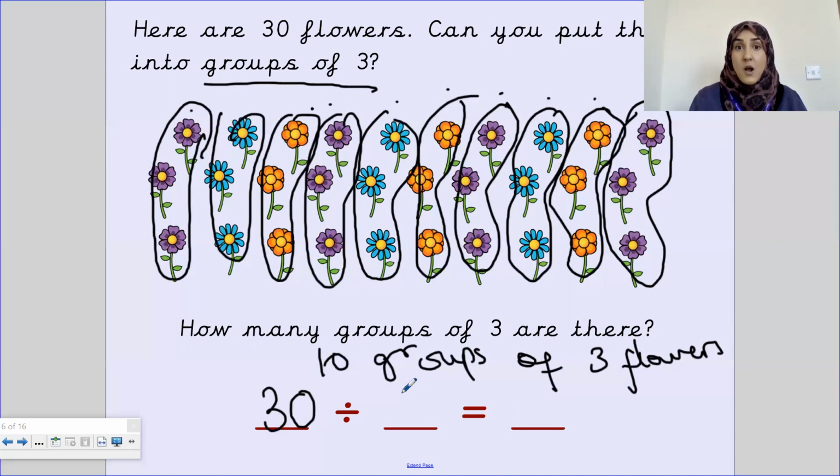Show me your fingers. Well done, 10. 10 groups. How many flowers in each group? Well done, 3. 30 flowers shared equally into, hang on a minute, this was not equal sharing. 30 flowers divided into 10 groups of 3 equals 30 divided by 10 equals 3.